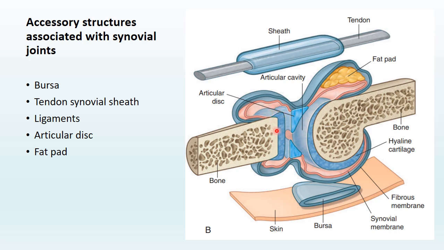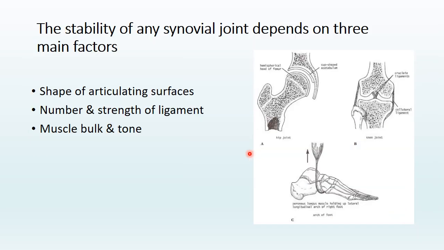If this part of the bone during movement is going to press on this area, then the fat pad is there to receive the parts of the other articulating bones into this area. So it acts to reduce compression and for shock absorption, absorbing shocks and taking the shape of the articulating bone during movement.